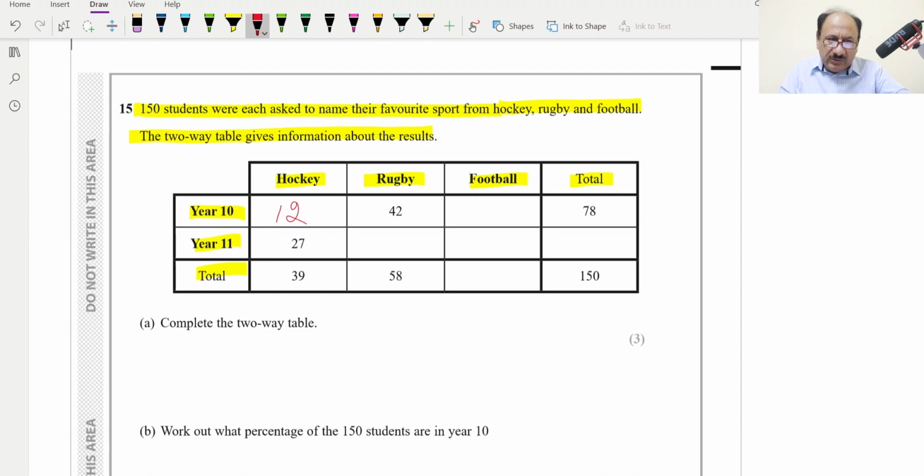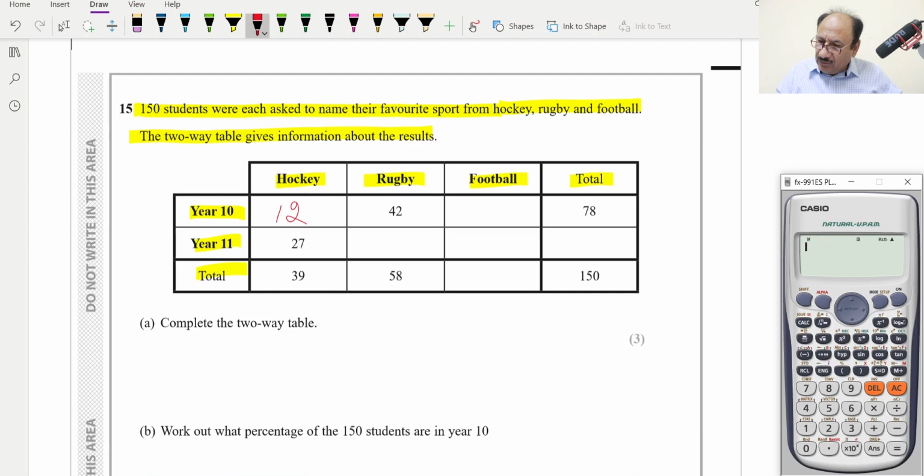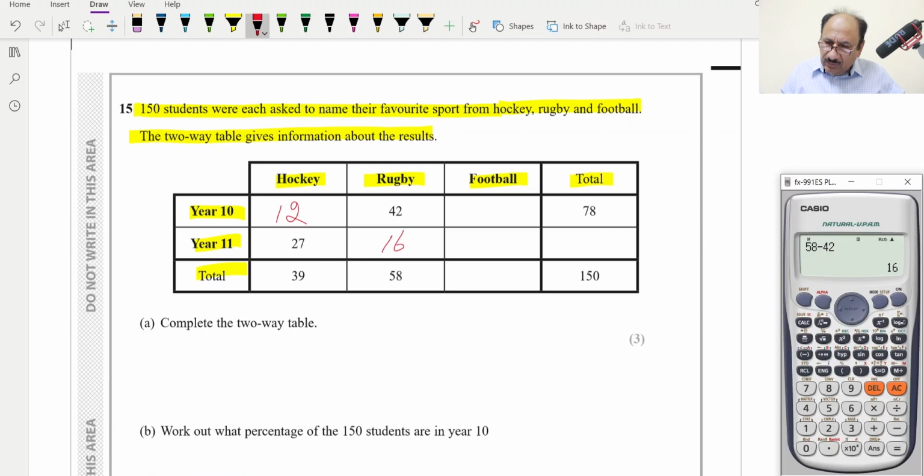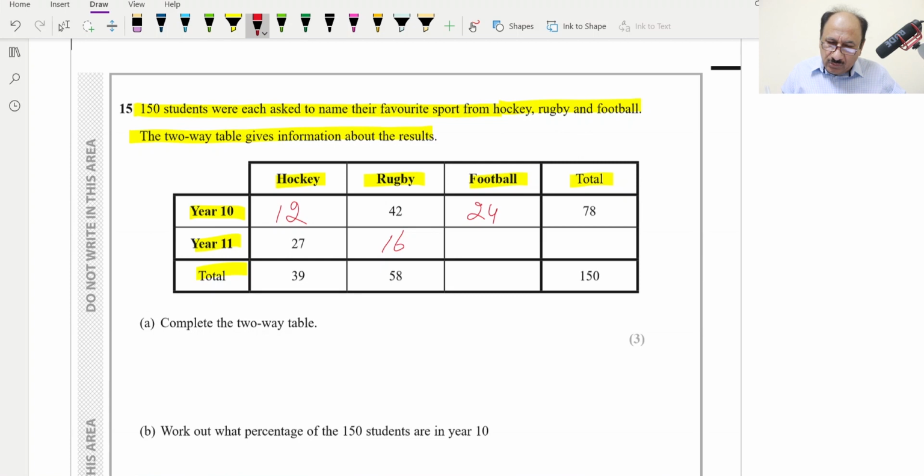And next is rugby, we can check 58, so 58 minus 42 will be equal to 16, so this number is 16. Now we can check for the football, it's adding up to 78, so 78 minus 12 minus 42 is equal to 24, so this number is 24.